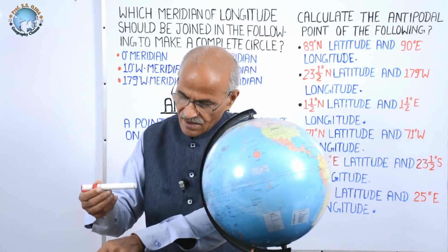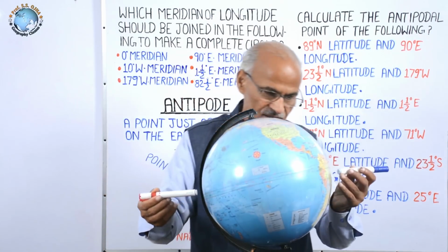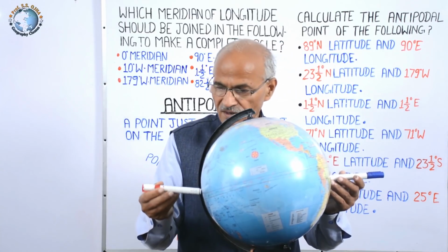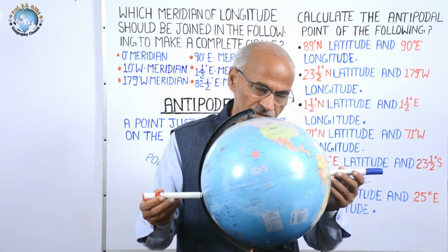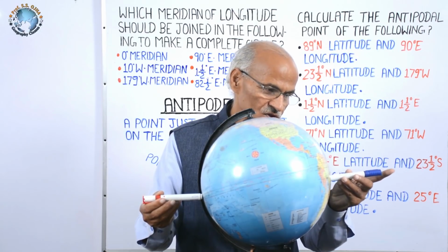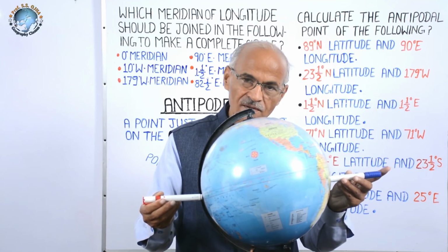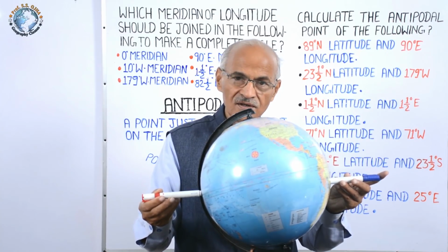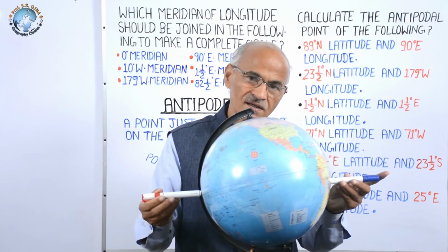If the other man is standing on this point, then for this man, this point will be antipode, and the overhead positions will be nadir for this person, narak in Hindi and jahannam in Urdu.